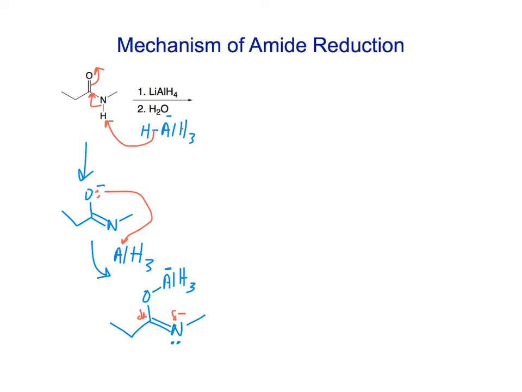All right, so when another equivalent of lithium aluminum hydride reacts with this, the hydrogen is going to go to this delta plus carbon, and the electrons are going to go up onto the nitrogen. Right? These are some of the longest mechanisms you've seen, right? It's pretty fun.